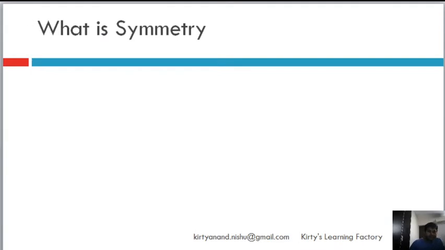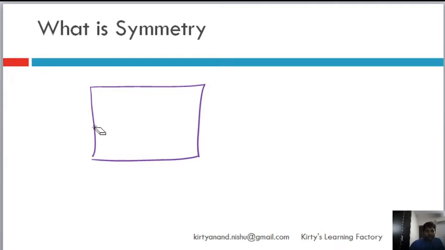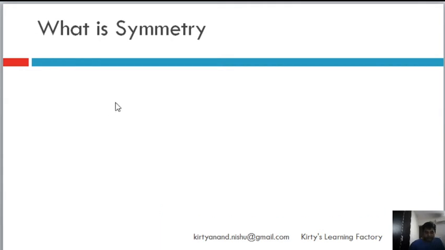Alright, before calling out symmetry I should have put some photos. So for example, if I make a square, I'm not really able to make a square, so give me a moment. Let me make a square.